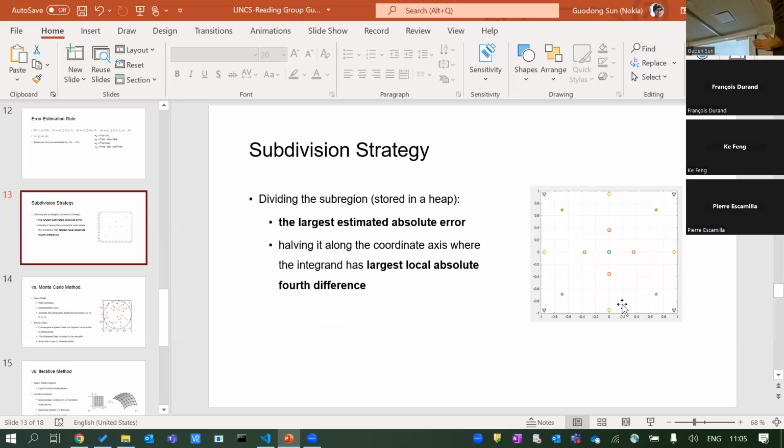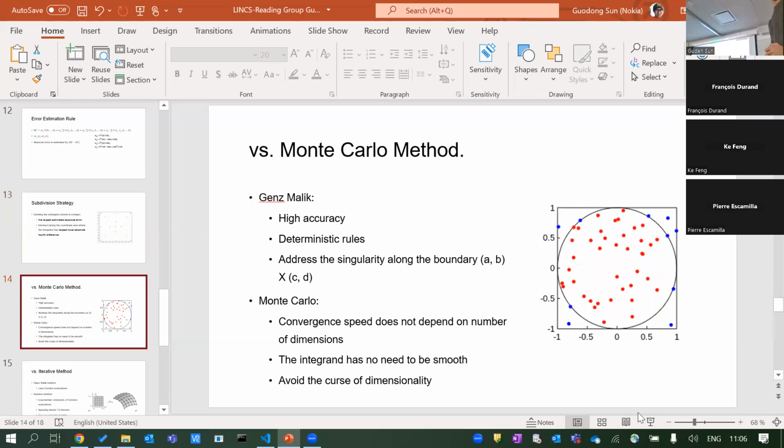So this algorithm is, in my opinion, the most efficient, and I will show you the efficiency by a real use case. There are other methods to compute higher order numerical integration.